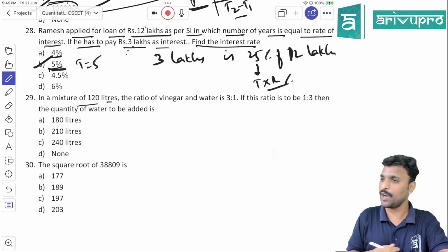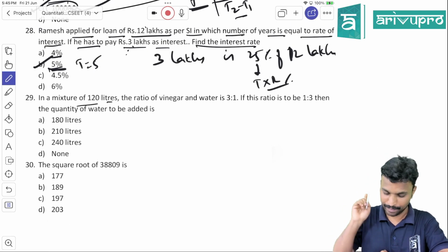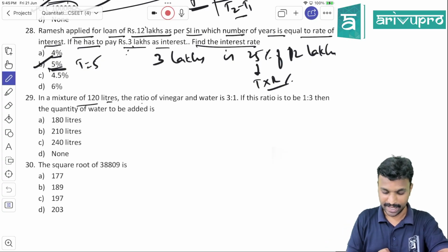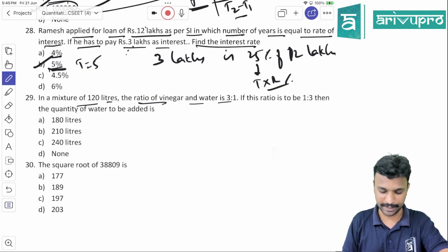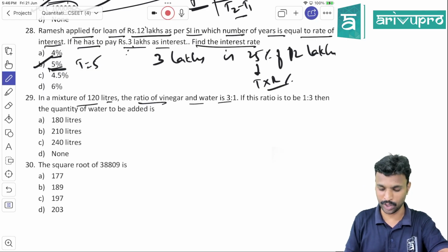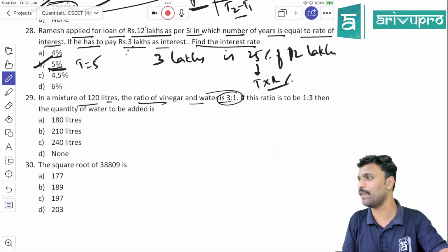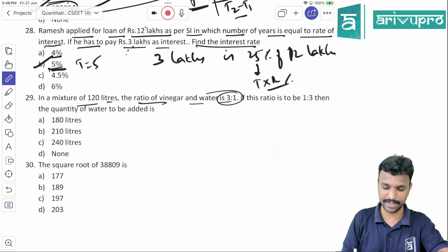In a mixture of 120 liters, the ratio of vinegar and water is 3:1. How much water, how much vinegar? Total 4 parts. 4 parts is equivalent to 120, so 1 part is 30. So 3 parts is 90, and 1 part is 30.